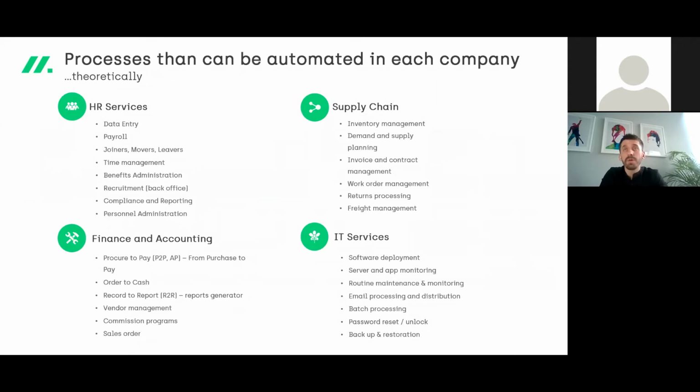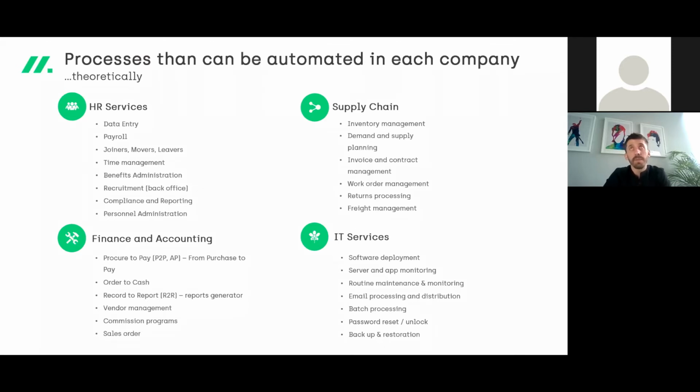There are a couple of departments within each company which theoretically could be automated. The first department is HR and HR services. I think the most popular department is F&A, which means finance and accounting.